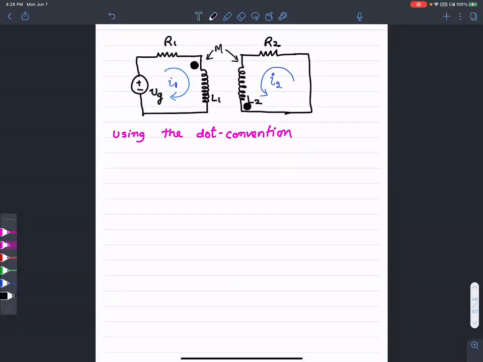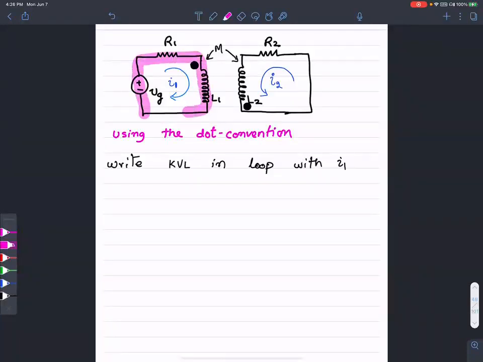The first thing I'm going to do is write KVL, Kirchhoff's voltage law, in the left loop, the loop with the current I1. Specifically, I'm talking about this loop.